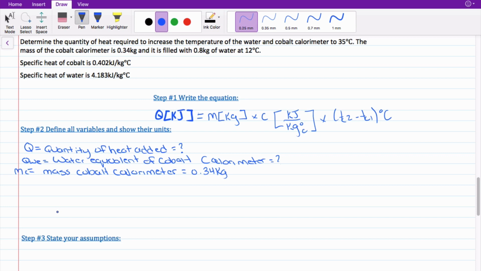We have the mass of the water. We can say that's MW, and that's 0.8 kilograms. We have the specific heat of cobalt. So we'll just say that's CC.